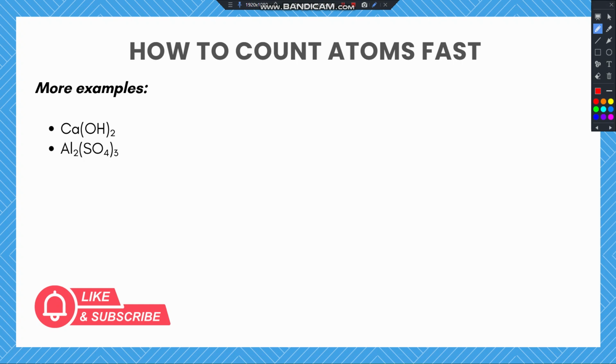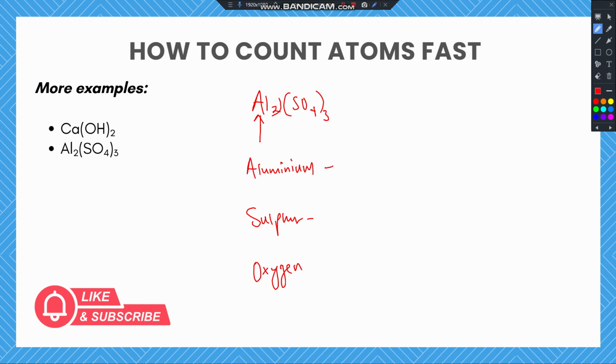How about for the second compound? We have Al₂(SO₄)₃. So we have 3 elements: aluminium, sulfur, and oxygen. How many atoms of aluminium do we have?